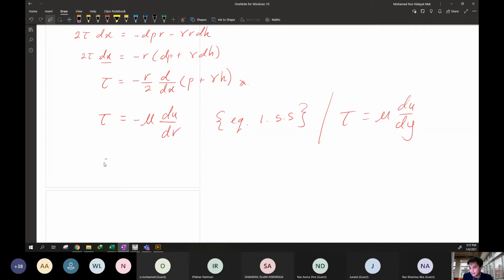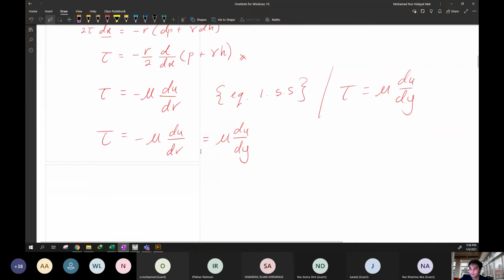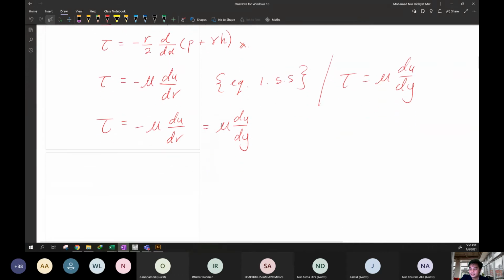Okay, I can say here, tau is negative mu du over dr is equal to mu du over dy. Anyone, is it correct or otherwise? Why this is negative? Why this is positive?